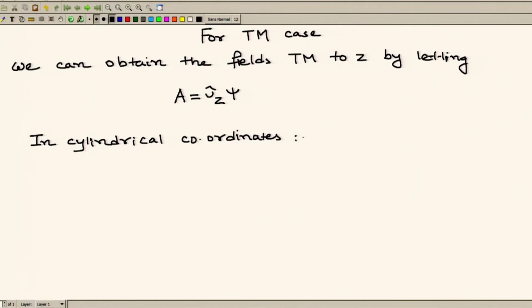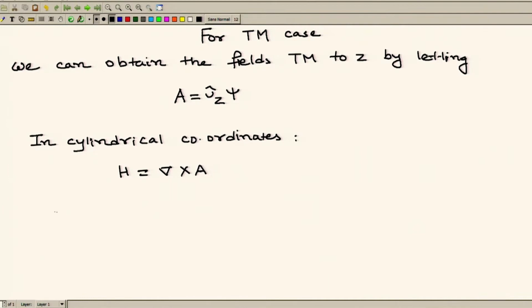We have A equals uz psi. So we know H will be curl of A. Now we will find curl of A in cylindrical coordinates.